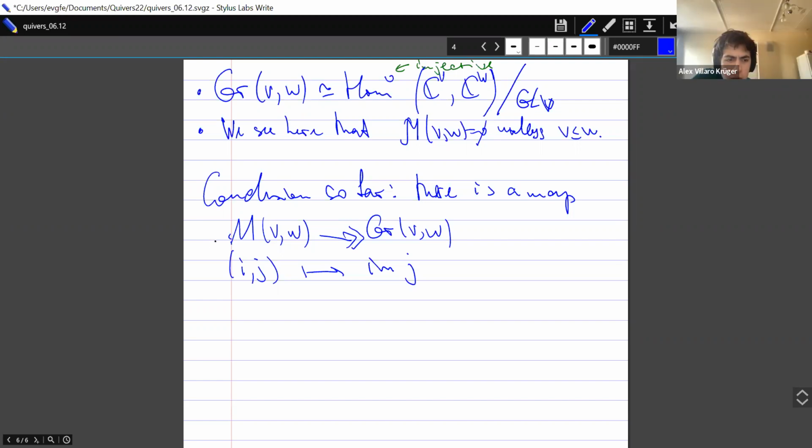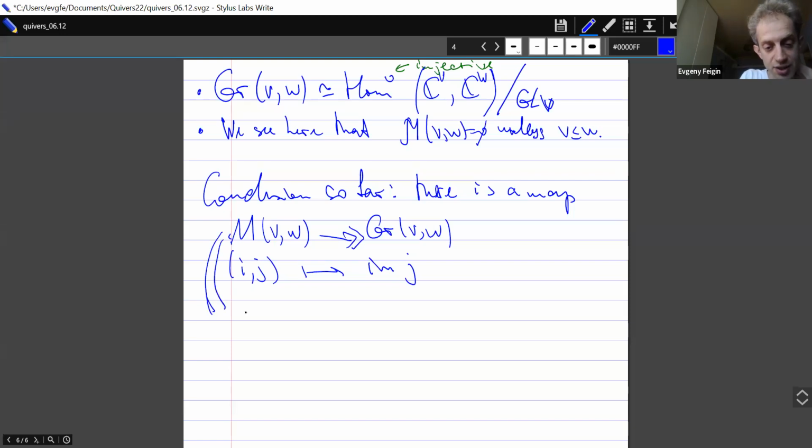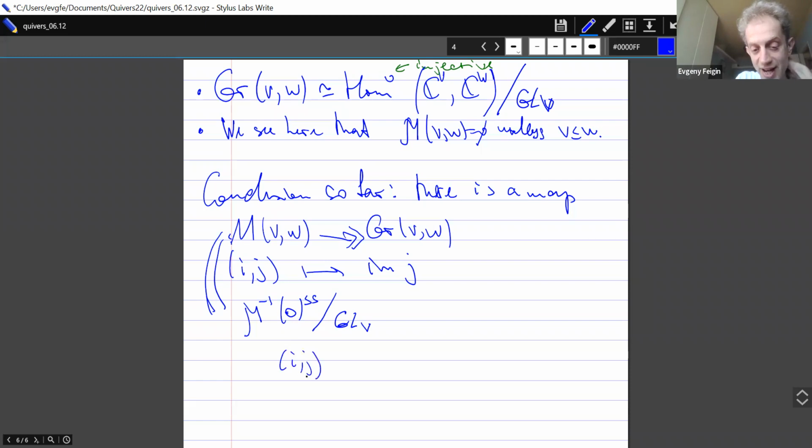No, you remember that this guy is equal to mu inverse 0 semi-stable modulo GLV. So this means that each point here is a class of some pair ij.